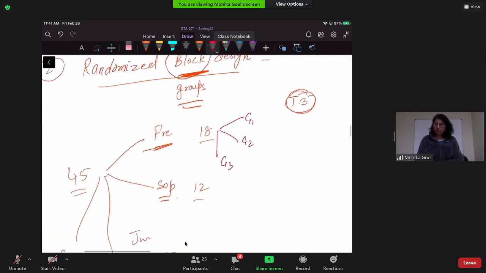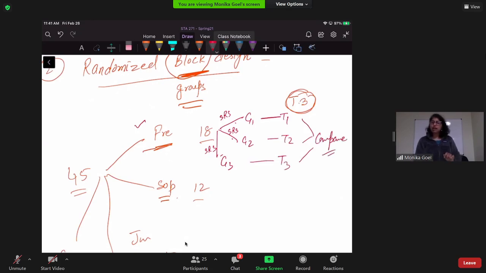And how do I make these groups? Again, I'm doing simple random sampling. So this information I know ahead of time, but this work I have done, the same as I did in completely randomized design. And then I apply treatment 1, treatment 2, treatment 3, and then I compare within each block. So that is called your randomized block design.